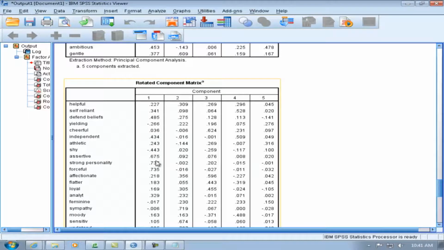Now, assertive also, so you'll circle that one. Strong personality, you want to circle that one. Forceful. Now, affectionate, that would be on what? Factor 3, right?